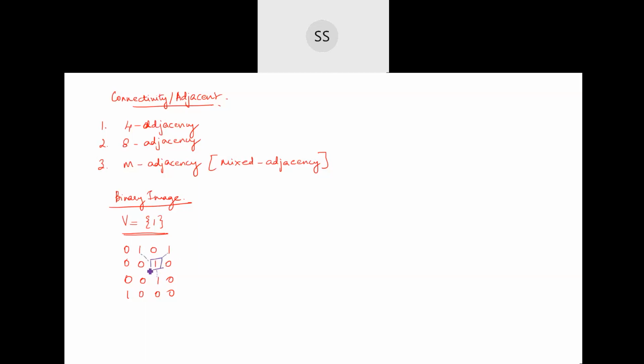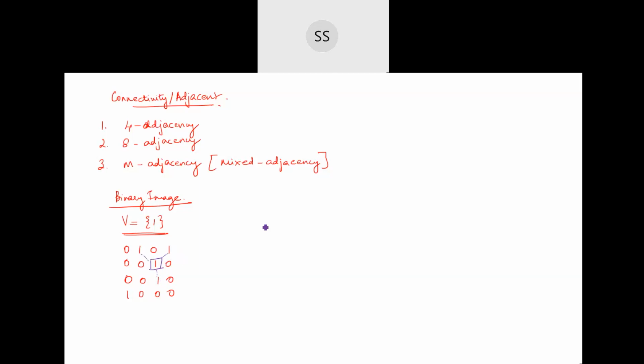I'm going to talk about how this one is connected to the ones on the left, on the right and at the bottom. I'm going to tell you the connectivity, or the adjacency, of this selected pixel which has a value 1 with the pixels which have a value 1 to the right, to the top left, to the top right, and to the bottom.